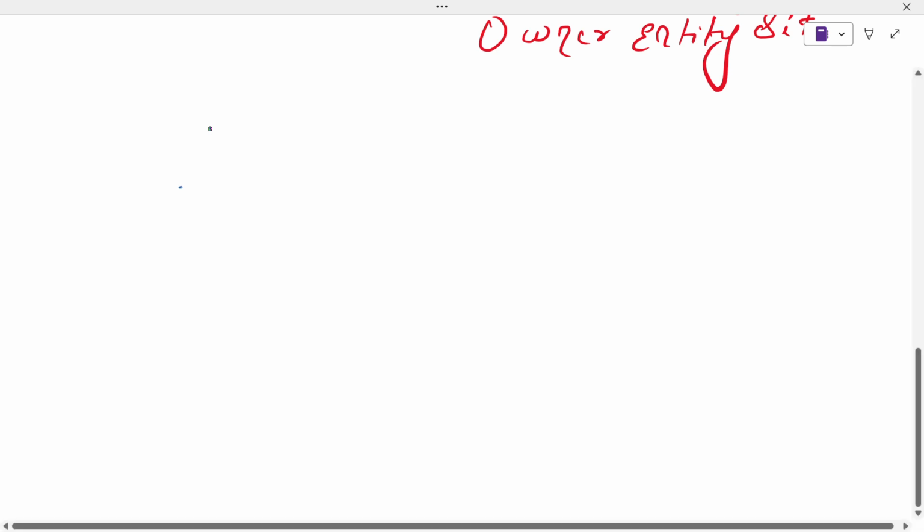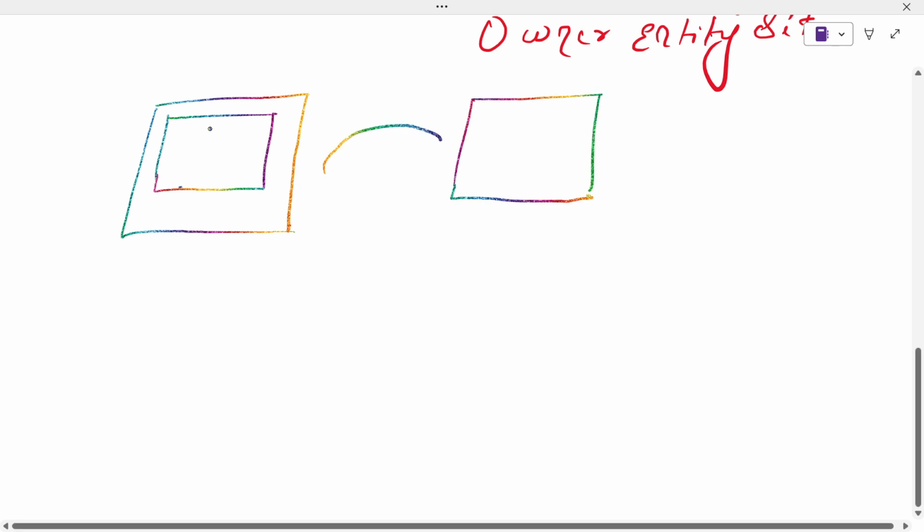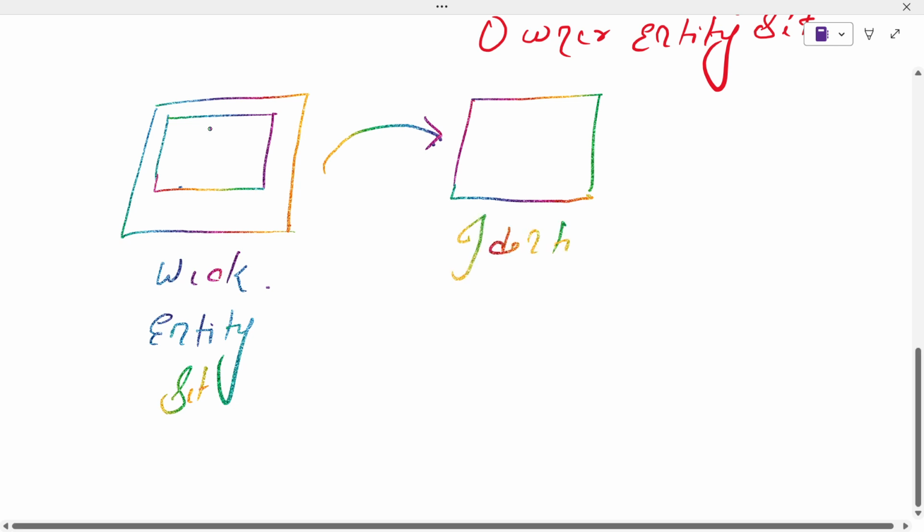So we have seen that with this kind of diagram, this is the weak entity set. And let's say this is a strong entity set. So this weak entity set depends upon this identifier or strong entity set for the purpose of distinguishing between the entities. Okay, so this is known as the identifier set or the owner entity set.